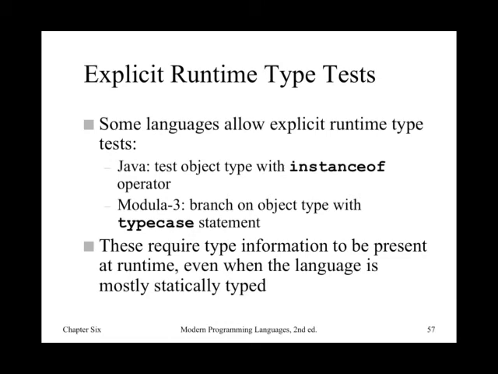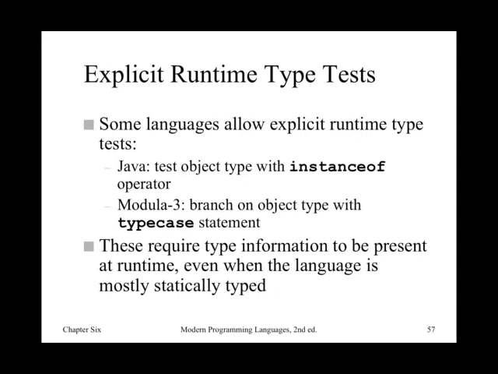So some languages, like Java, like Modula 3, believe it or not, I actually had some experience with Modula 3. It was sort of like an extension of Pascal, an object-oriented Pascal. But this is talking about the ability for the language to provide keywords and operators to the programmer, so that the programmer can do some checking of types.